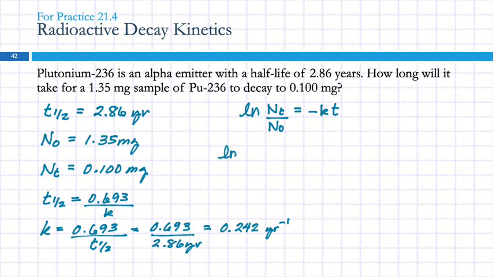So then we got the natural log of 0.100 milligrams divided by 1.35 milligrams. Those units cancel out. It's going to be equal to negative 0.242 per year times t.